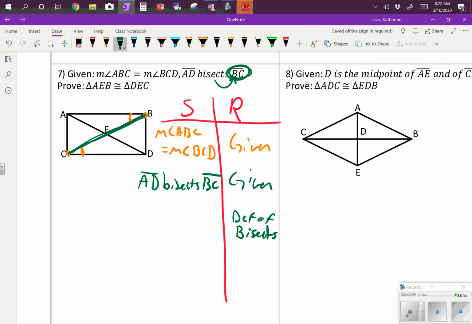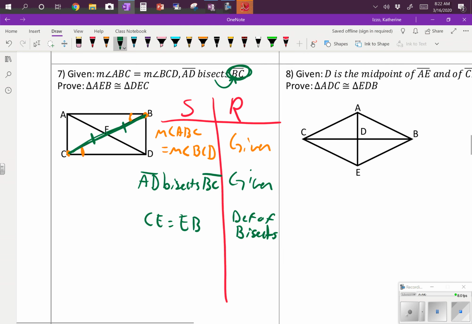Bisect means to cut into two equal pieces. So if we bisect BC, what does that mean? Bisecting BC means that we now have two equal pieces. We've got CE and we've got EB. So that's the definition of bisects.